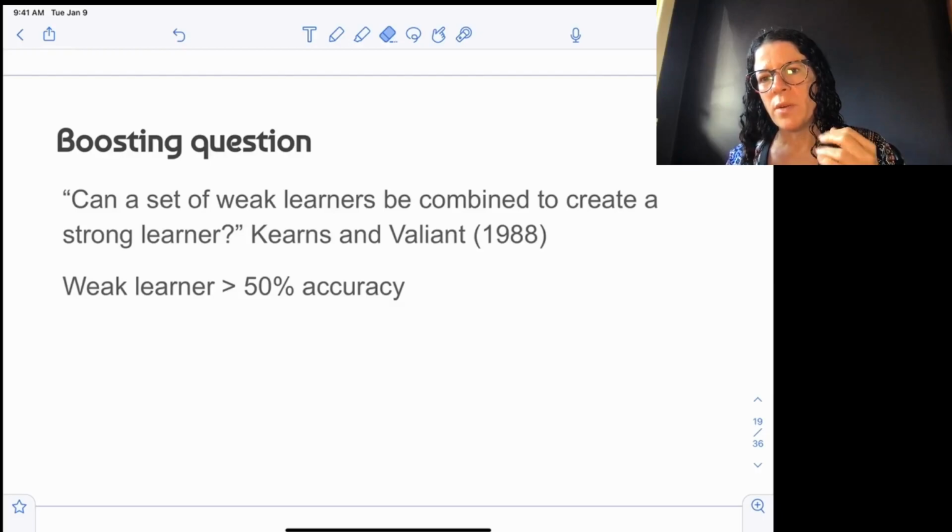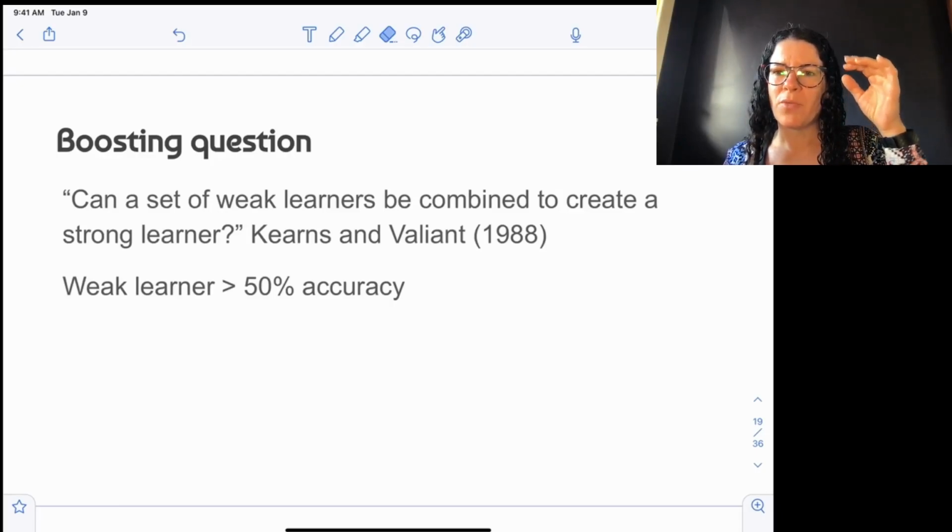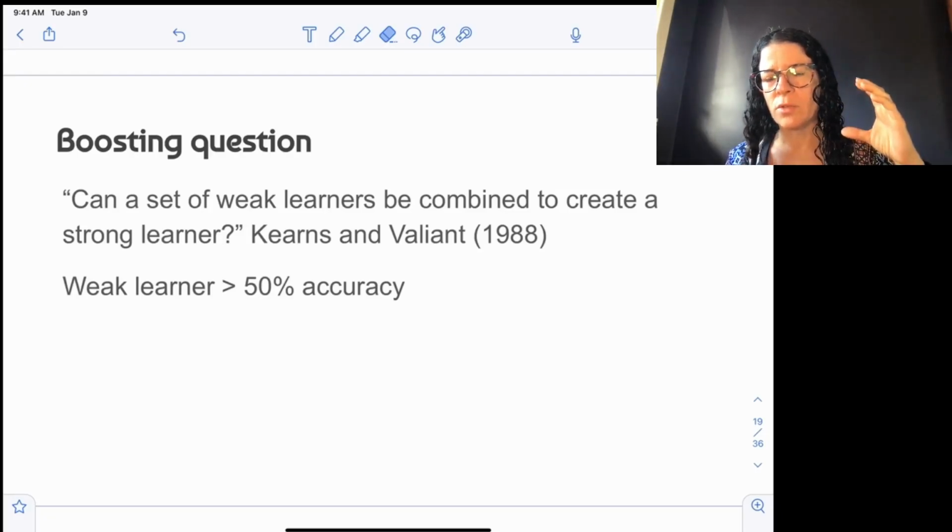Can we combine a lot of these trees together and get a strong learner? Notice that when we talk about random forests, we want the trees to be really deep in general. Let's talk about why you don't want shallow trees in a random forest later in a different video. So these trees are different from the random forest trees in general.